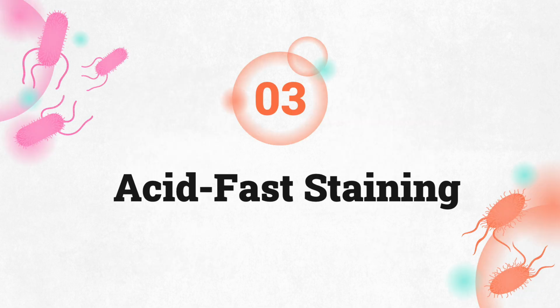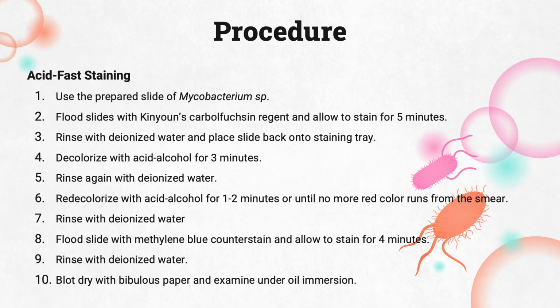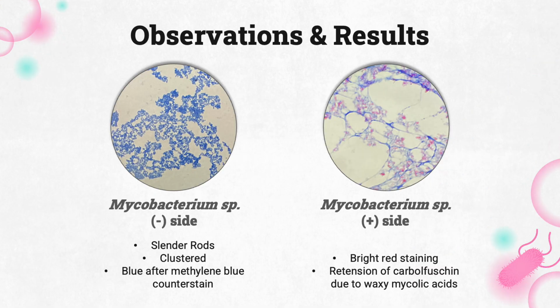Now for our acid-fast staining. For our results and observations with the acid-fast stainings, we can see on the left-hand side, the Mycobacterium sp. appeared to have slender rods and clustered, and they also appeared to be blue even after the methylene blue counterstain.